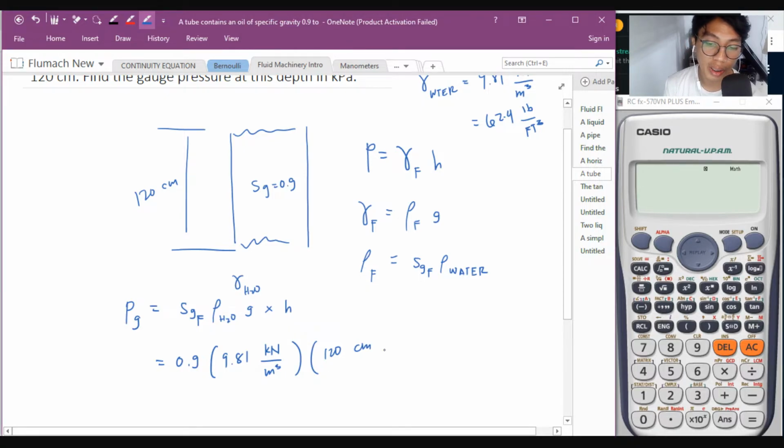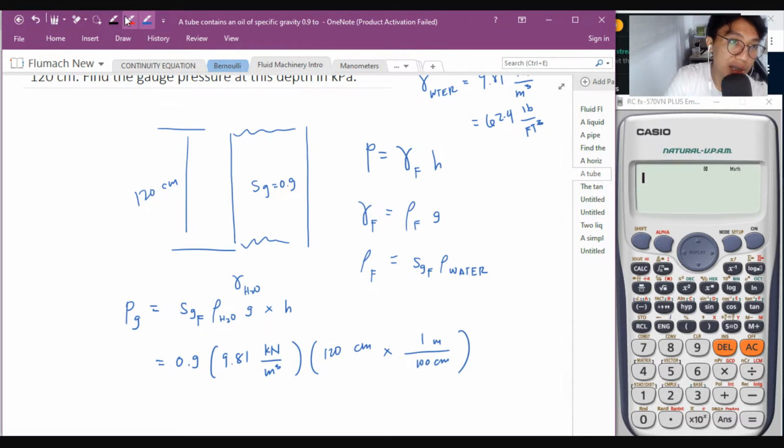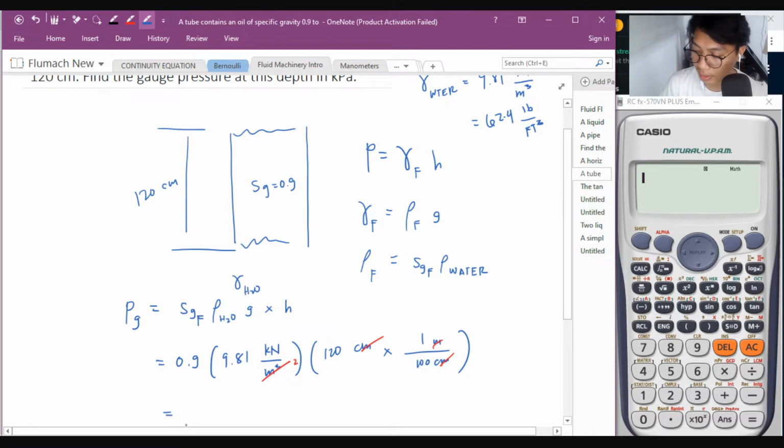So, paano yan? Meron kang 100 cm in every 1 meter. We cancel all the same units. So, yung meter cube, matitira niyang dalawa. Yung cm, cancel ito. Tapos yung kilonewton as is.